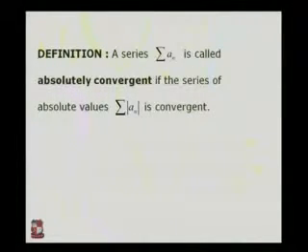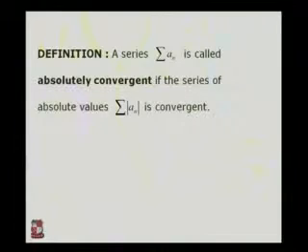If a series sigma n for which sigma modulus n, that means the absolute series of sigma n, is convergent, then sigma n is called an absolutely convergent series. So if we want to prove that the given series is absolutely convergent, then we need to prove that sigma modulus of n is convergent. So this is absolutely convergent.